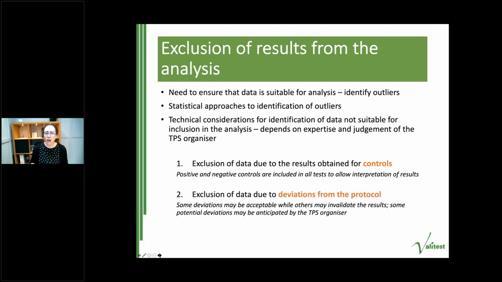And if we can look at those reasons, then we might choose to exclude data from the analysis from the beginning. But this depends very much on the expertise and the judgment of the TPS organizer. So the two main reasons why you might exclude data from the analysis are based on the results obtained for the controls, which have been run alongside the samples in the same data set, and also because of deviations from the protocol.